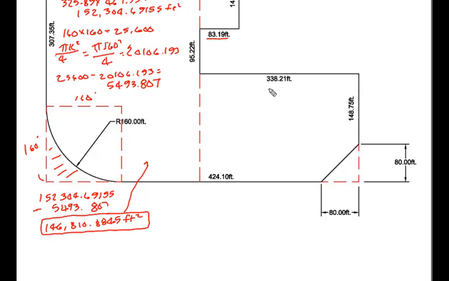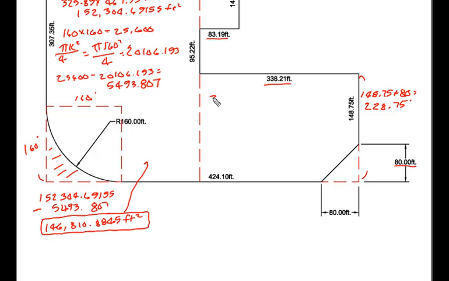Then over here we've got our width. We know our length is going to be 148.75 plus our 80 feet is 228.75. So that's from this to here.